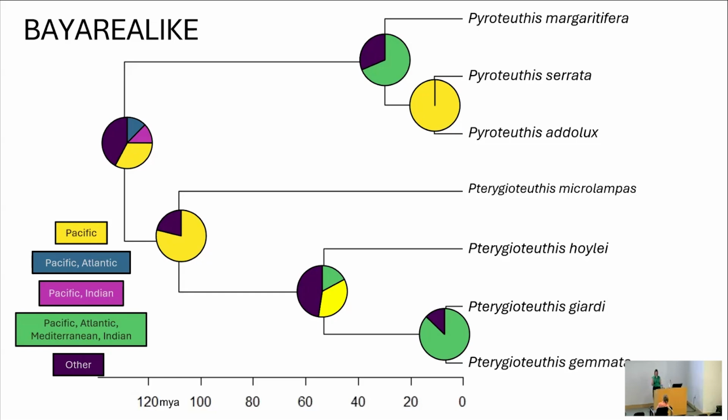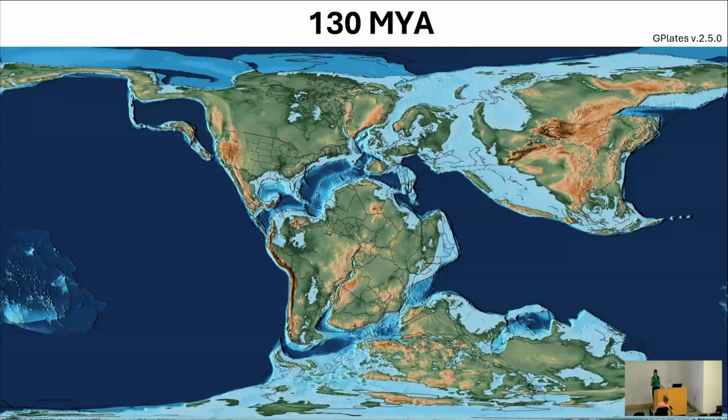And this makes sense when we consider the paleogeography. 130 million years ago, when this family was evolving, the Atlantic Ocean was just a tiny sliver. So just by sheer probability alone, it is more likely that this family is going to have evolved in the Proto-Pacific Ocean, because that's just taking up most of the globe.